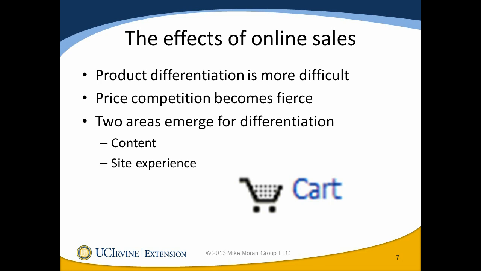So you might, either through content or through other aspects of the site, have a way of making it easier for the customer to make a decision, easier to make a purchase, easier to persuade them that this is the right thing for them.